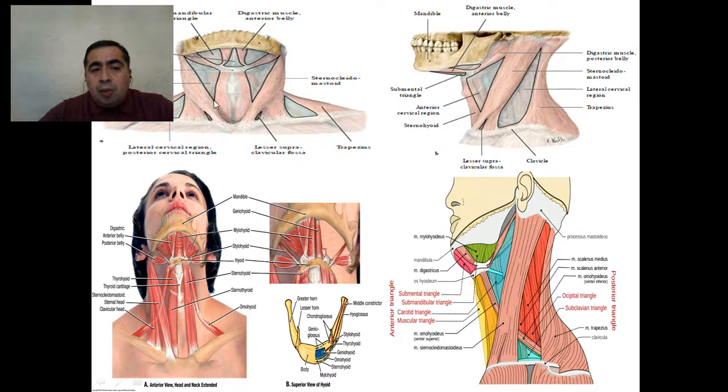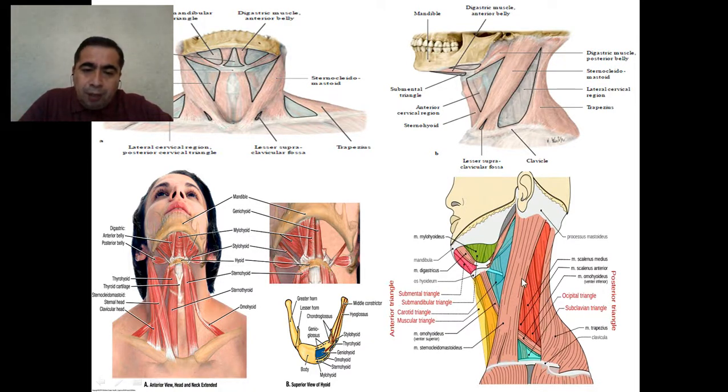It means the right and the left quadrangles, and you are looking at the left quadrangulum. It is divided into two regions: the anterior cervical region, which is located anterior to the sternocleidomastoid muscle, and the lateral or posterior cervical region, which is behind the sternocleidomastoid muscle.